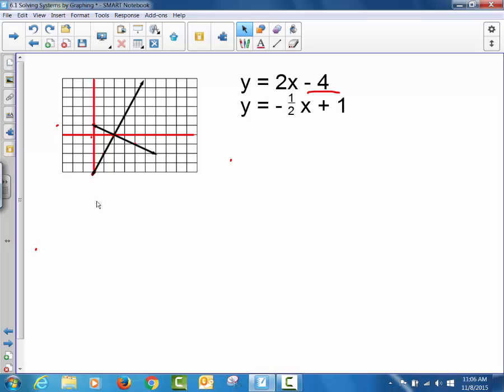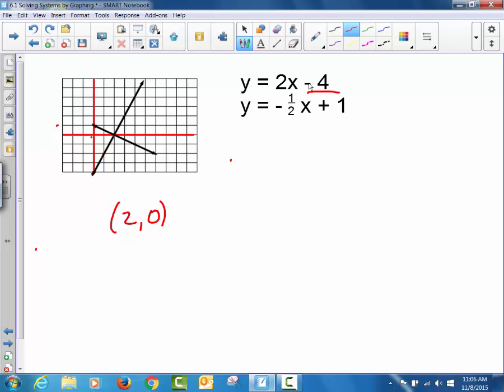And where do they intersect? Well, let's see. They intersect right here, and that point is 1, 2. That point is 2. And we go up and down 0. So (2, 0) is the answer.